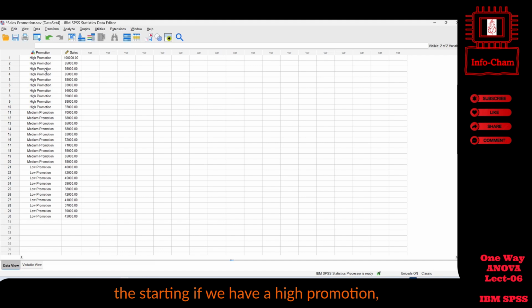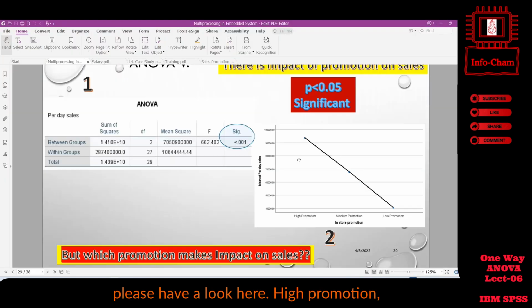I told you in the starting, if we have a high promotion, obviously sales will increase, but we have to prove it with some evidence, right? We cannot say things in the wind. You have to give the proof. This is good.